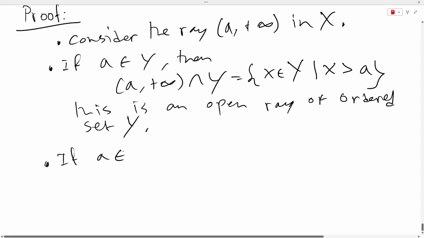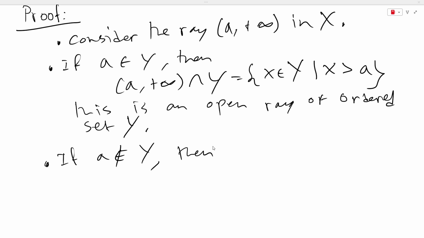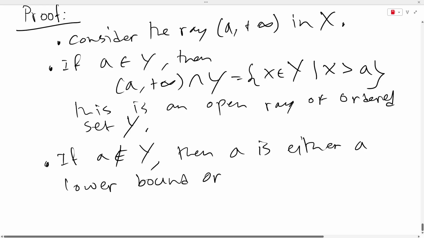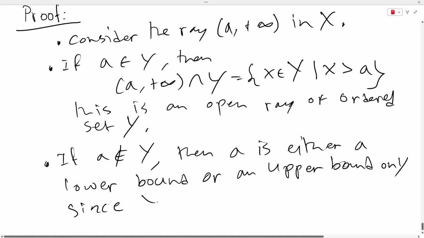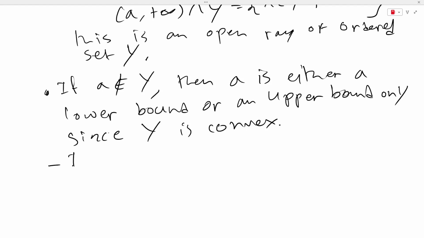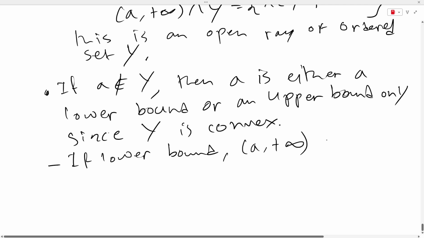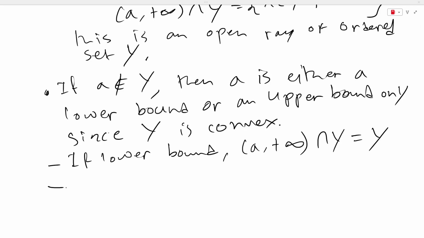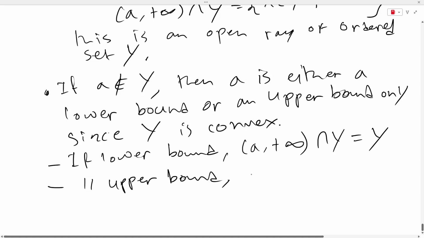Now, if a is not in Y, then since Y is convex, a is either a lower bound or an upper bound on Y. If a is a lower bound, then this ray intersected with Y is equal to Y. If it is an upper bound, then this intersection is empty.